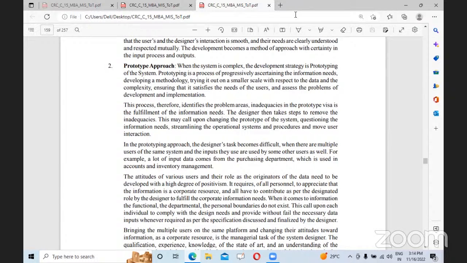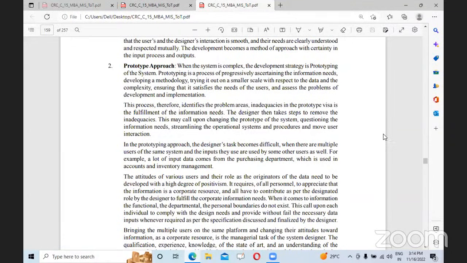This process therefore identifies the problem areas and inadequacies in the prototype vis-a-vis the fulfillment of the information needs. The designer then takes steps to remove the inadequacies. This may call upon changing the prototype of the system, repositioning the information needs, streamlining the operating systems and procedures, and improving their interaction.